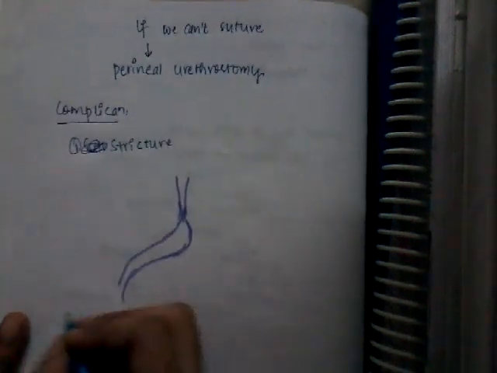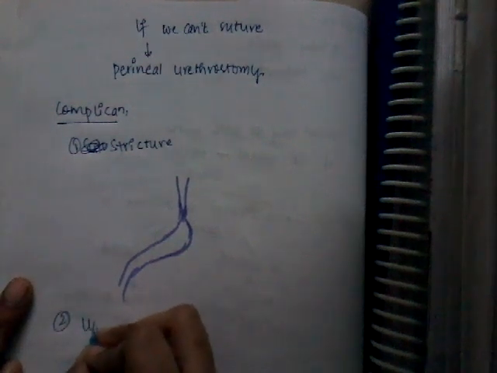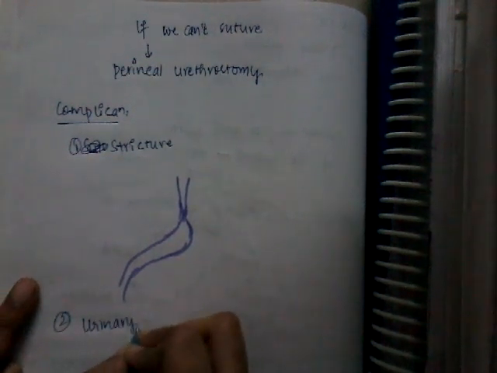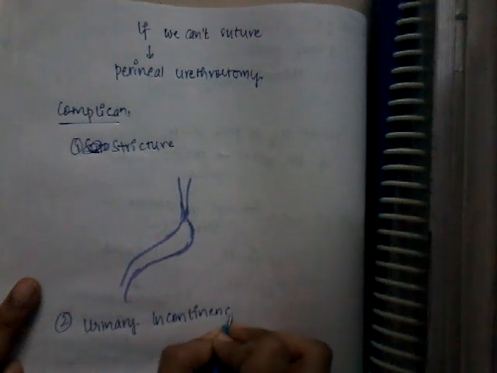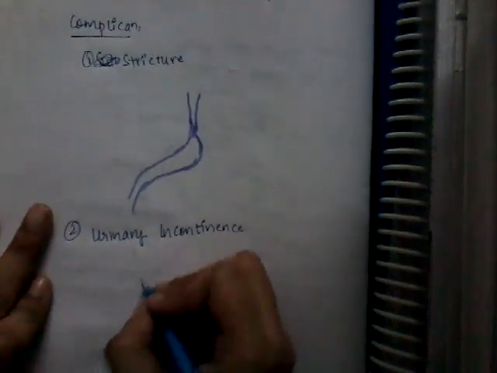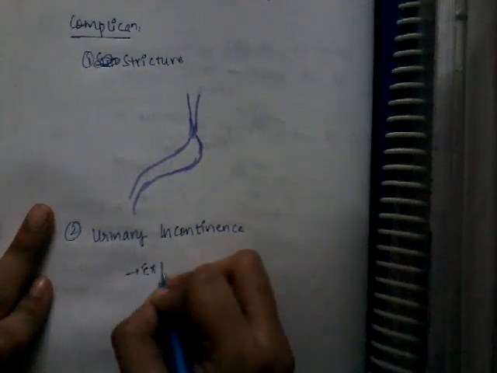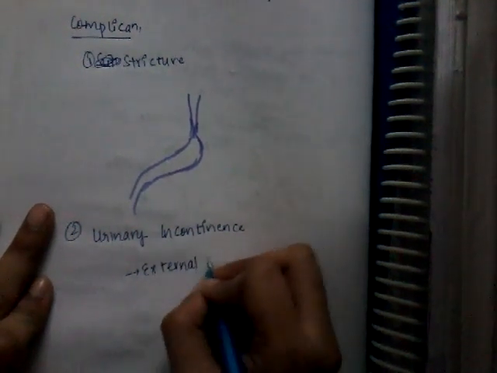So this is one. And number 2, there may be urinary incontinence, because during this injury, there is a chance that the external urethral sphincter is destroyed.